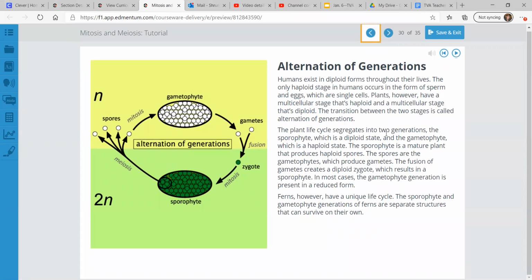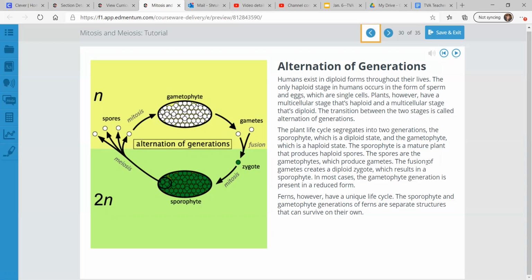The plant life cycle segregates into two generations: the sporophyte, which is a diploid state, and the gametophyte, which is a haploid state. The sporophyte is a mature plant that produces haploid spores, and those spores are the gametophytes, which produce gametes.